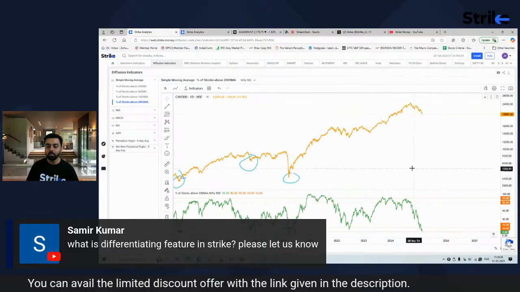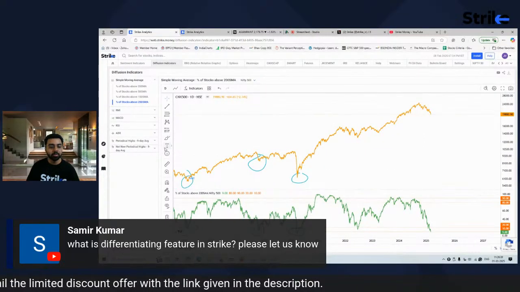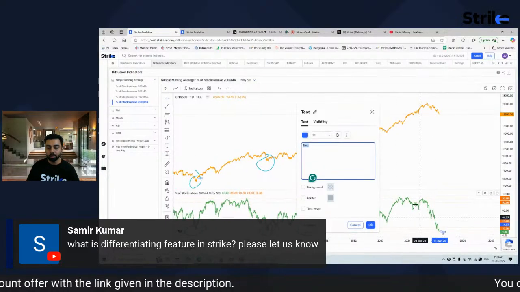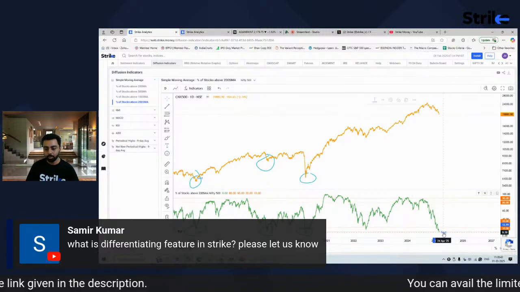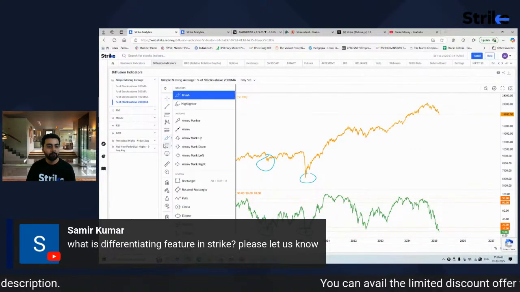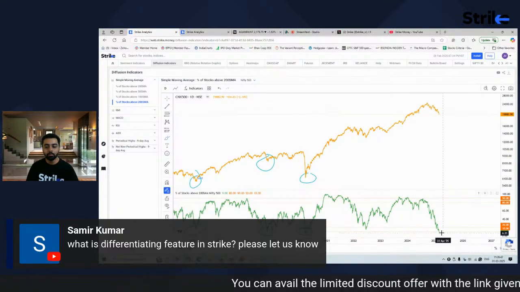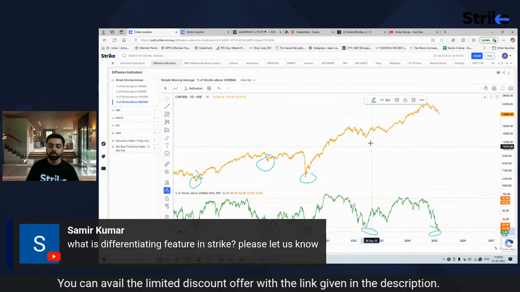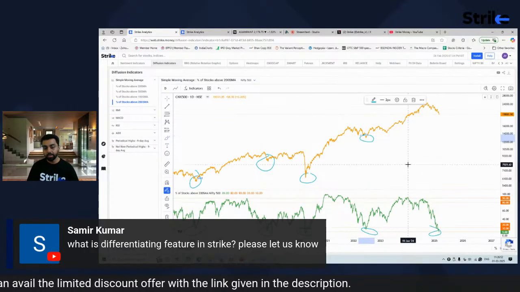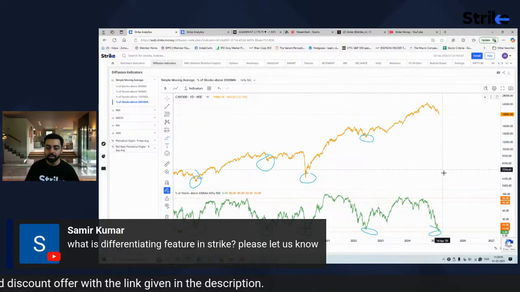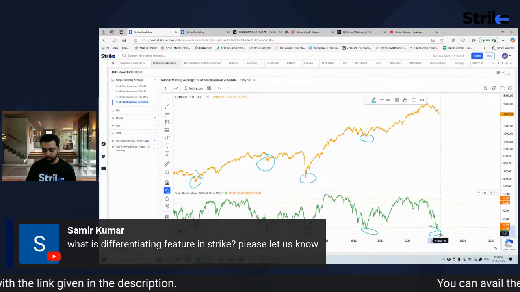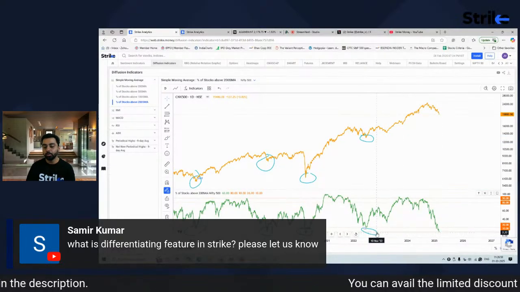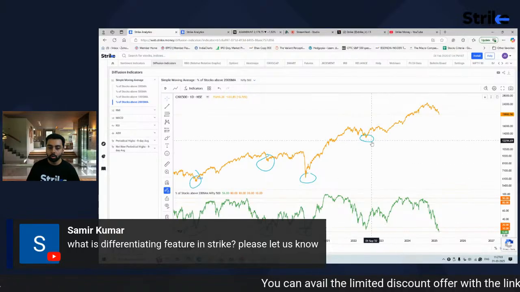Right now we are seeing only 9% of the components above the 200 DMA. You can see that whenever in the past we have got this extreme reading, eventually we have seen a very meaningful run. All these kinds of data points will help you analyze things more objectively.